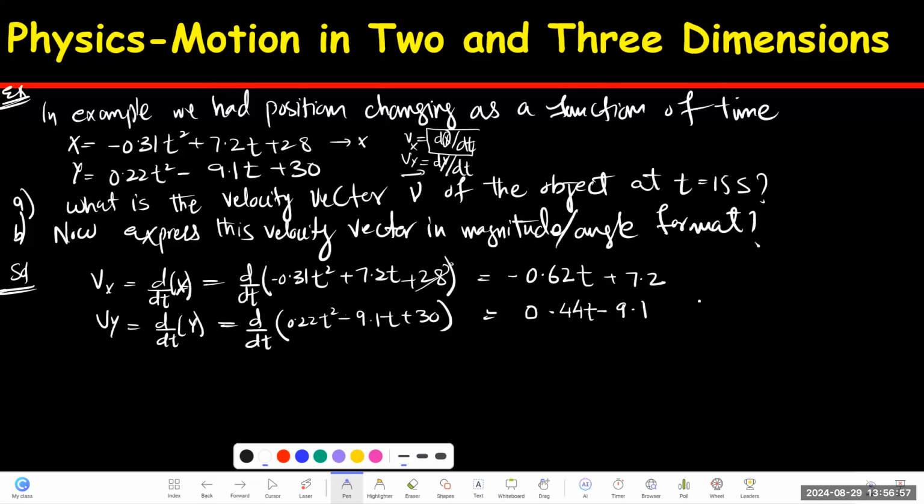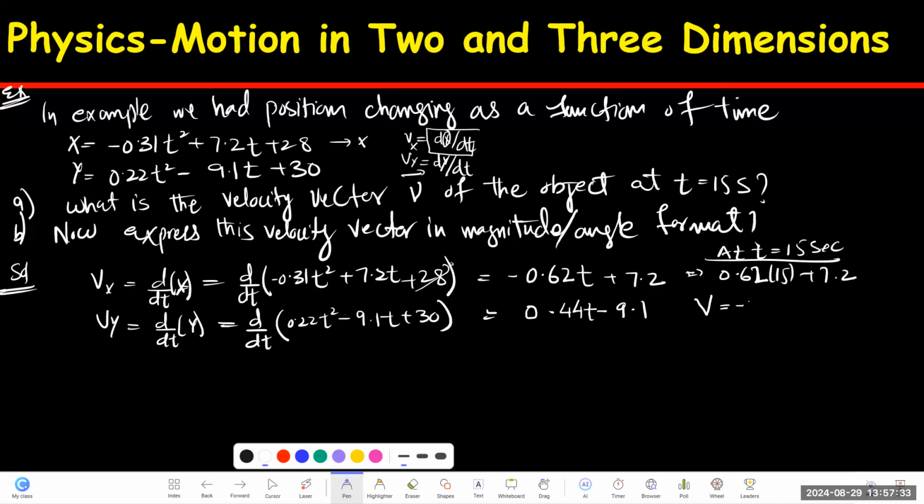Now we have pretty much everything, so I'm going to write my velocity vector here. I'm going to substitute the value at time equals 15 seconds. Here it's minus 0.62 times 15 plus 7.2.